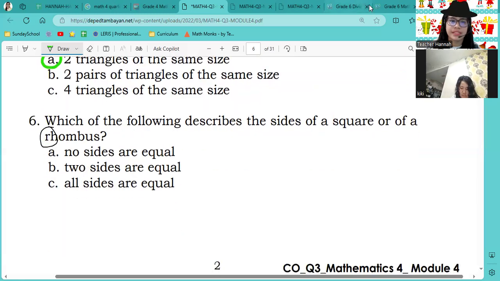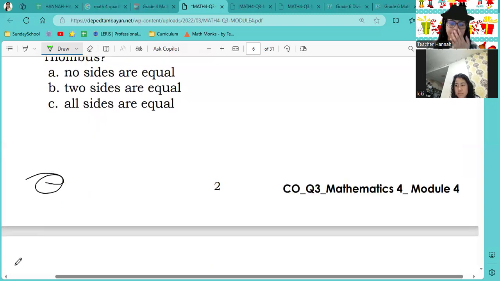Number 6. Which of the following describes the sides of a square or of a rhombus? Okay, so which one describes the sides of a square or a rhombus? Very good. All sides are equal.